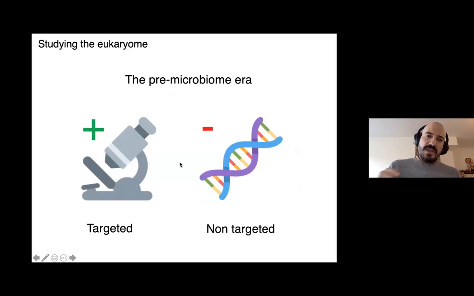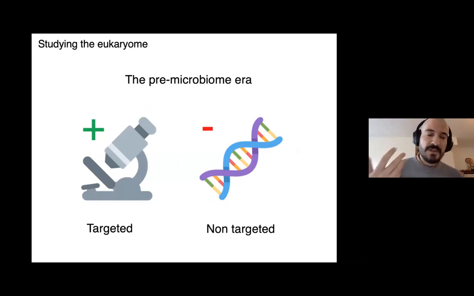In the pre-microbiome era, the reason why we had this idea that most of the microorganisms living associated to a host were all parasitic and some were mutualistic is because most of the research was targeted and was based on microscopy and isolation of things that we were looking for.